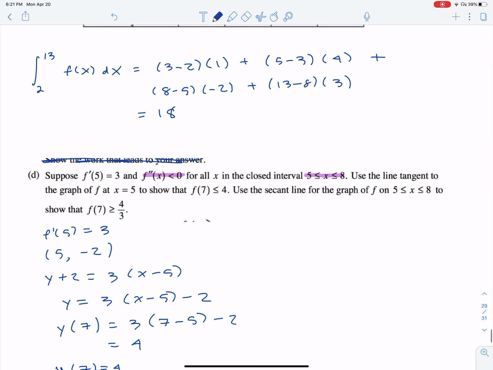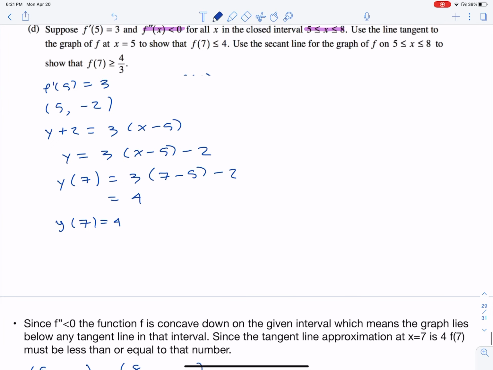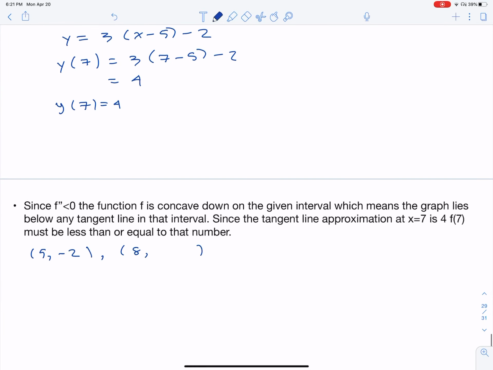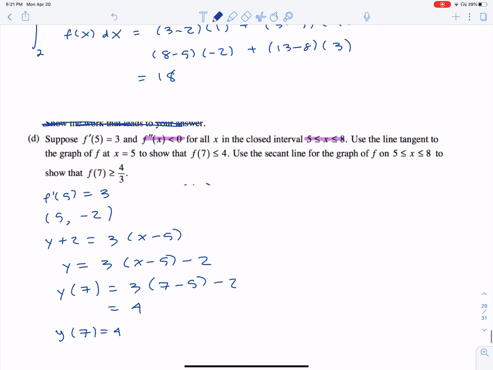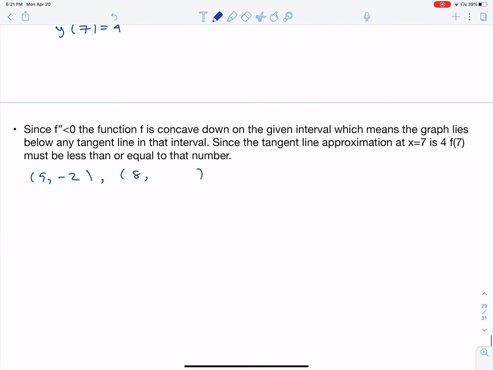According to our table, that is (5, -2) and (8, 3). Let's write the equation of the secant line. The slope, I think you would agree, is (3 + 2) over (8 - 5), which is 5/3.